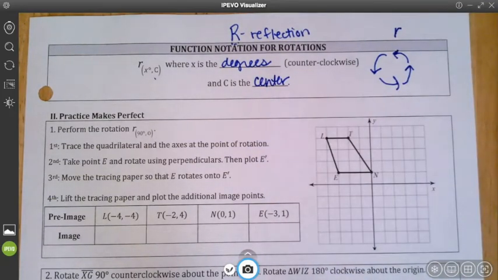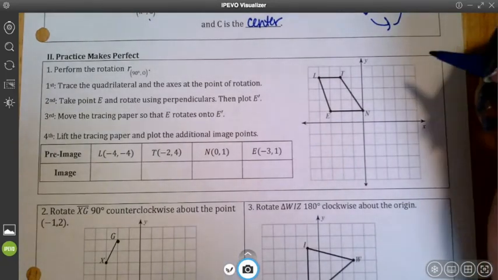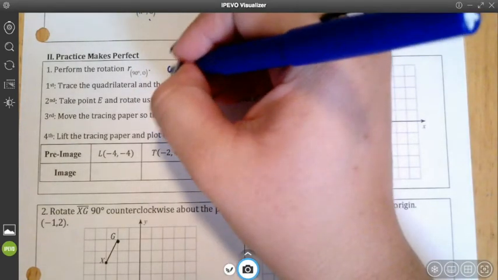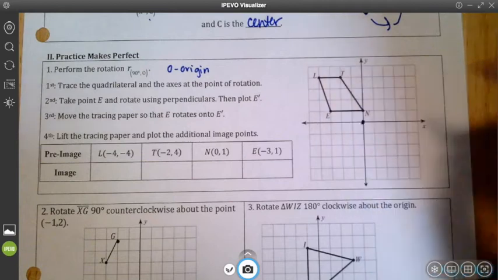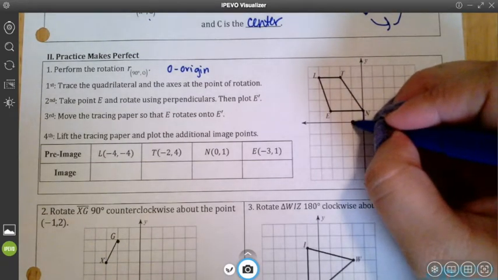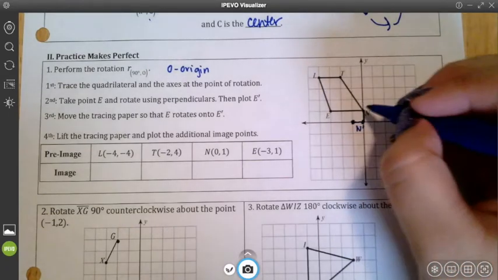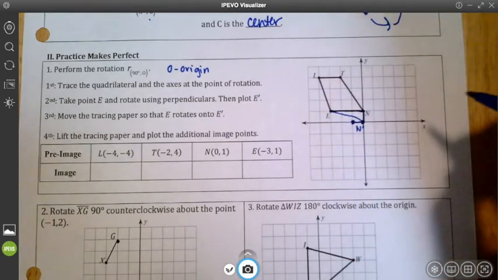So let's take a look at this example. Perform the rotation r 90 degrees around O. O is the origin. So here's our center point. I want to take point N, 90 degrees. Here is N prime. Here's point E. Here's my triangle. 1 unit along.